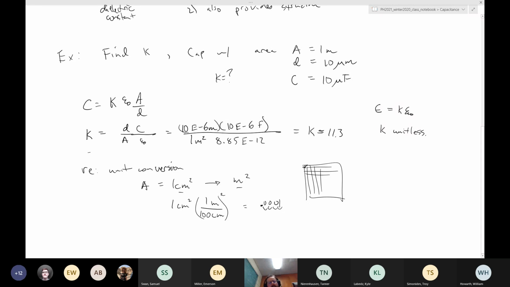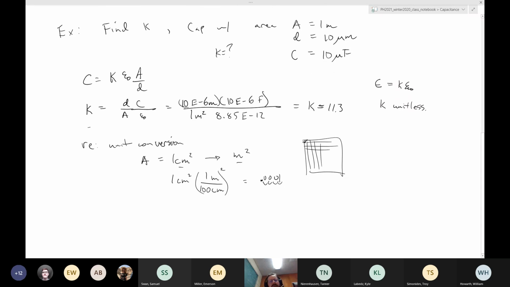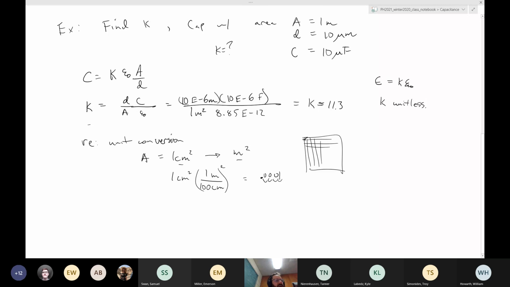Other questions? So this is directly applicable to the lab this week, which I like because it connects really well with the stuff that we're working on. It's directly about capacitance and the addition of a dielectric, but it's also really good practice for working with propagation of uncertainties.